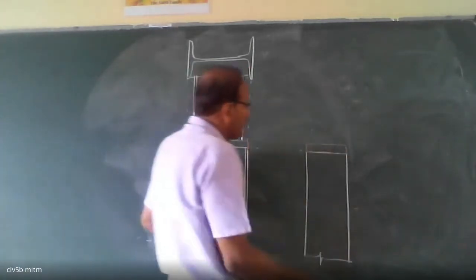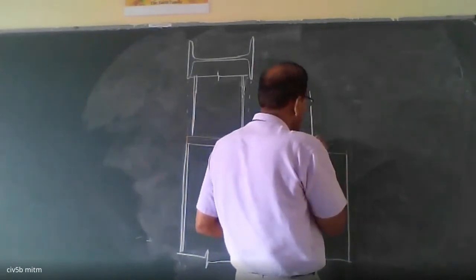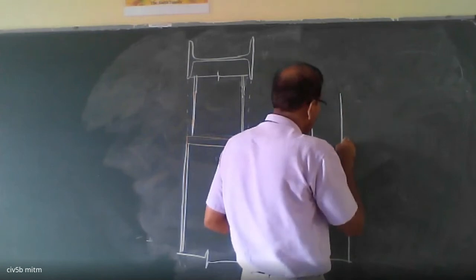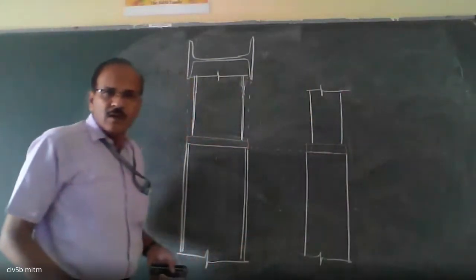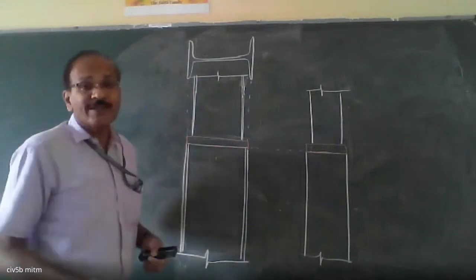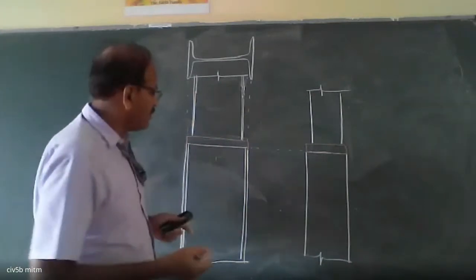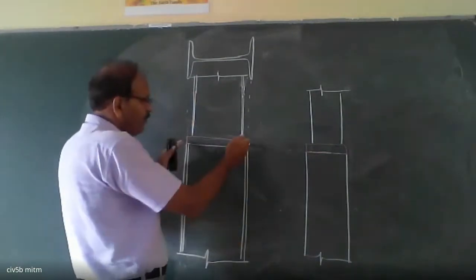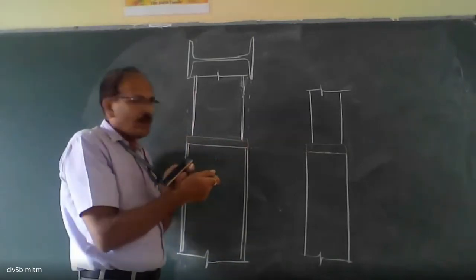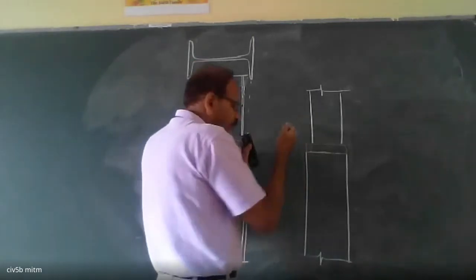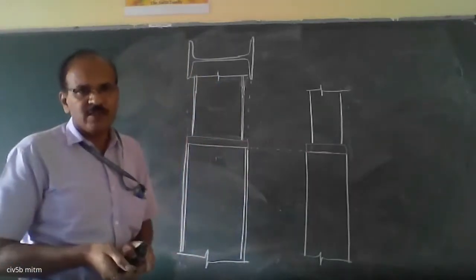Then when you look from this side, you are going to see the I section with lesser flange width. But there are certain sections, if you look at the steel table, especially ISWB and other sections, if you are providing like this, if you reduce the depth, as far as the width of the flange is concerned, it will have the same width of the flange.